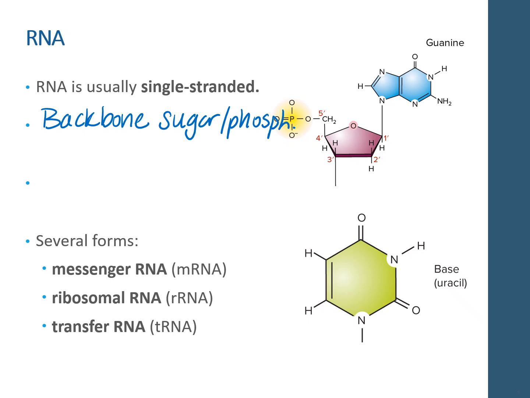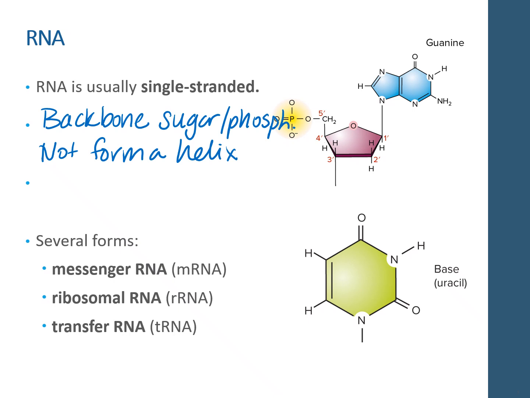RNA is always going to be single-stranded, but it does not form a helix. RNA can actually fold in on itself, similar to what we saw in proteins. RNA can fold in on itself into specific structures that are, again, related to their function.